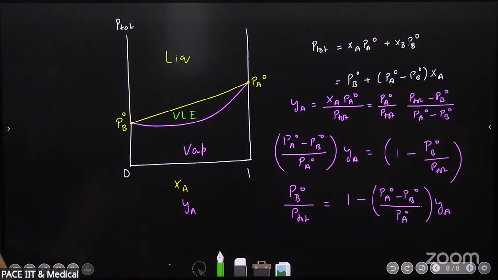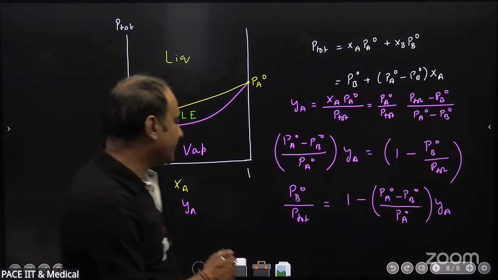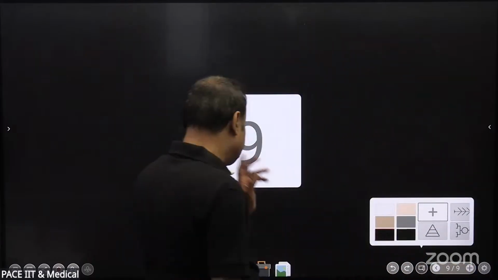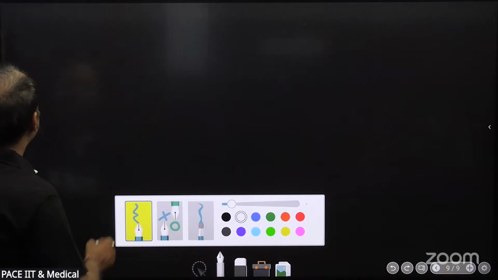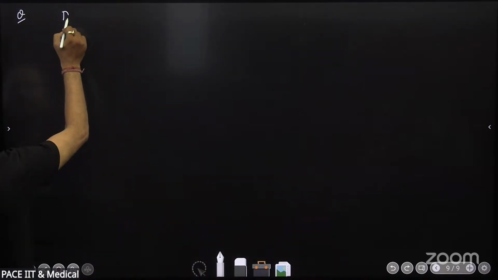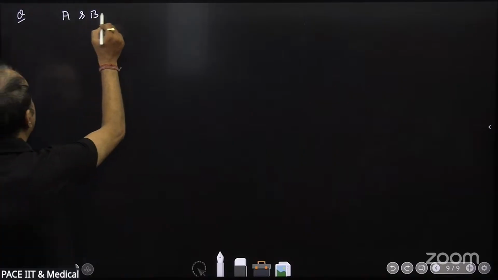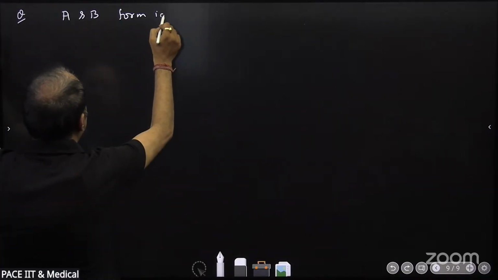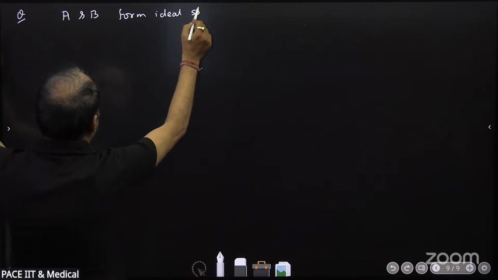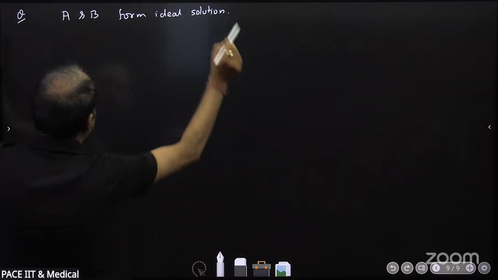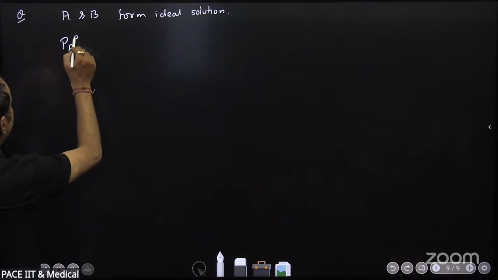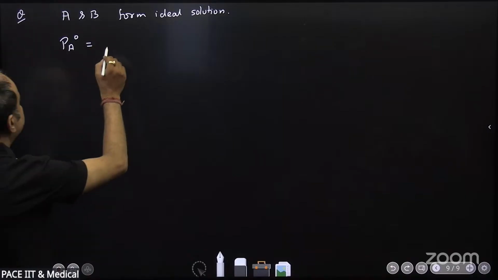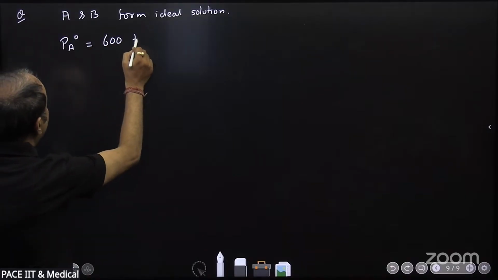So let's elaborate this a little bit more in this graph and in a numerical. Let's take such a problem. Let's say there are two liquids A and B forming an ideal solution. This information is given to us. PA naught is, let's say, 600 torr.